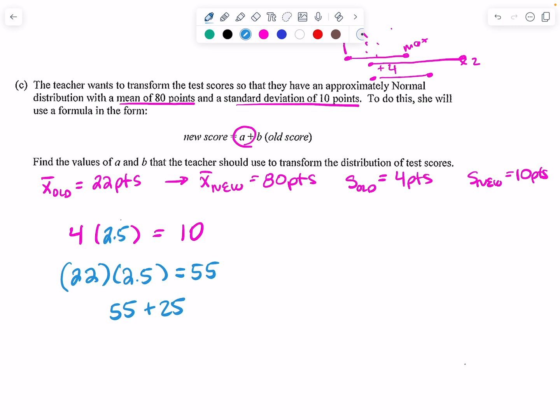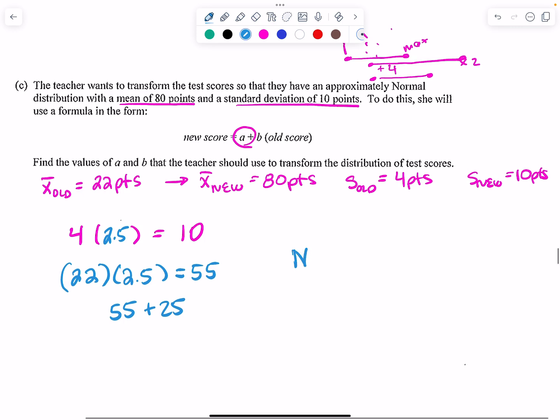Remember, it just shifted. So the first step, I found the factor that I need to multiply to get the standard deviation, and then I adjusted it for the mean. So my answer, my new score, is going to be 25 plus 2.5 times the old score.